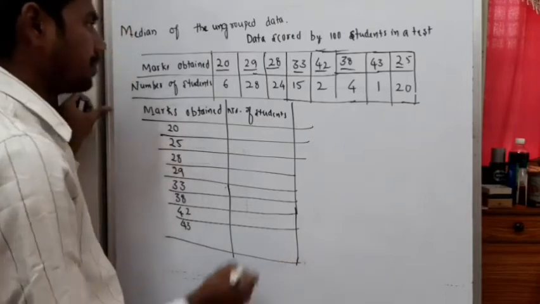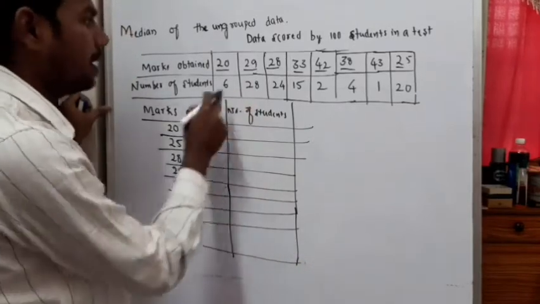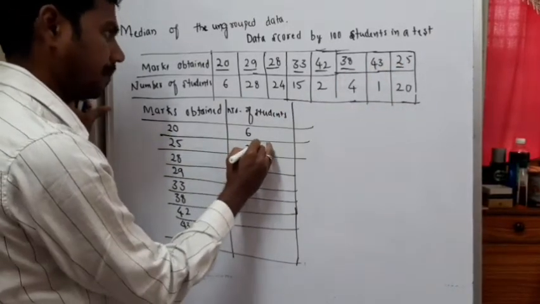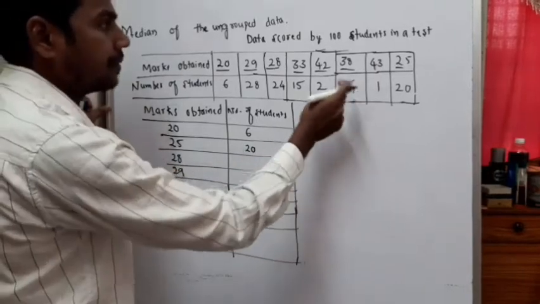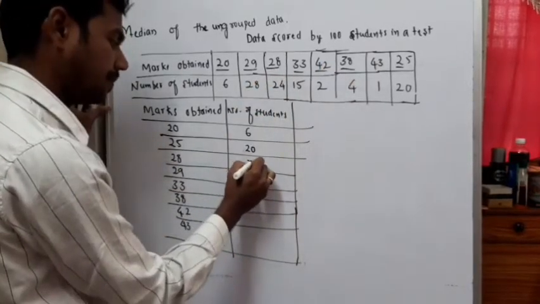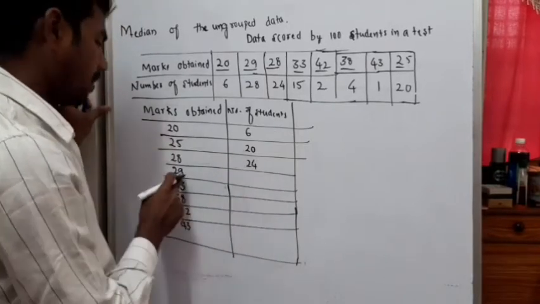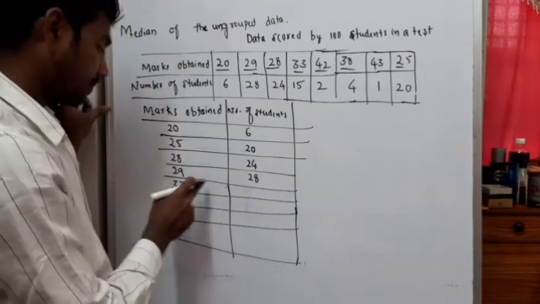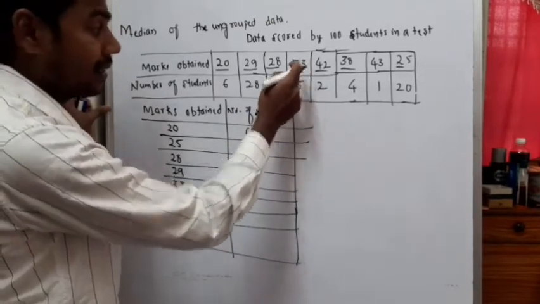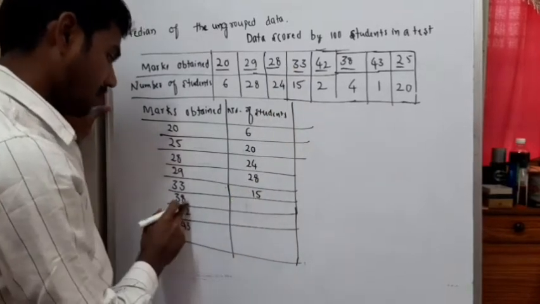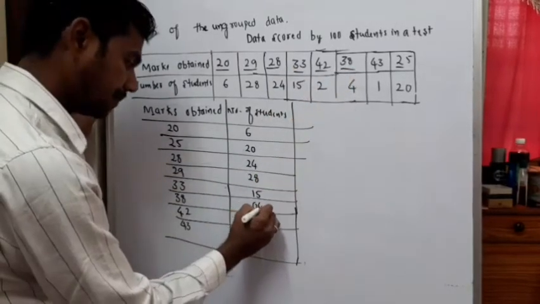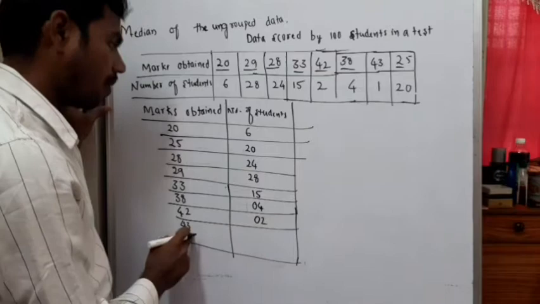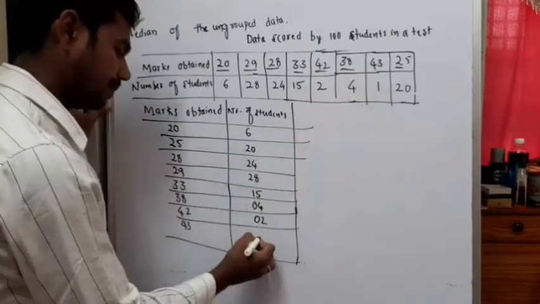Then we need to write the respective frequencies: 6, 20, 24, 28, 15, 4, 2, 1.